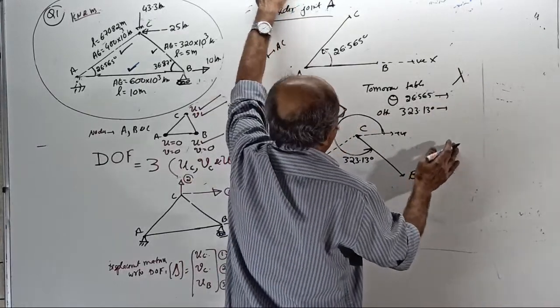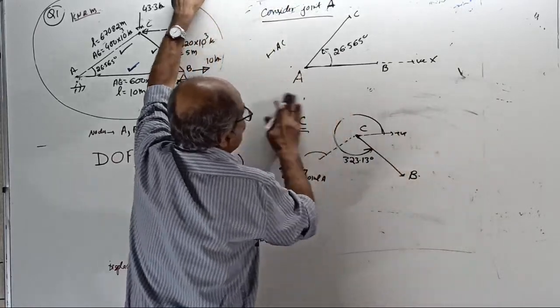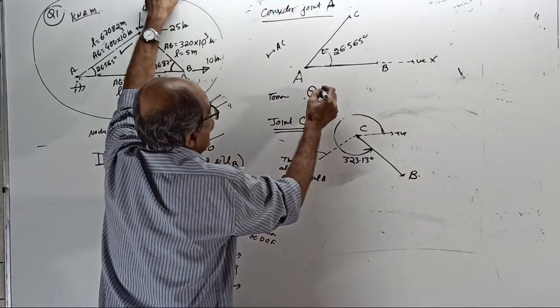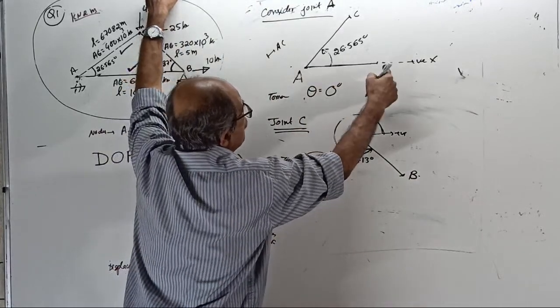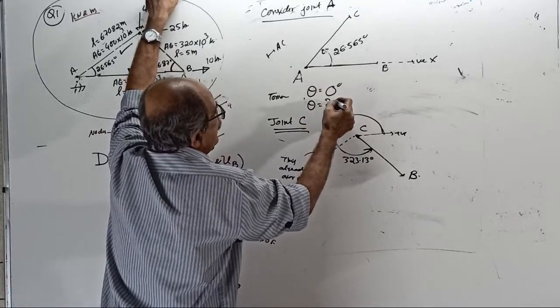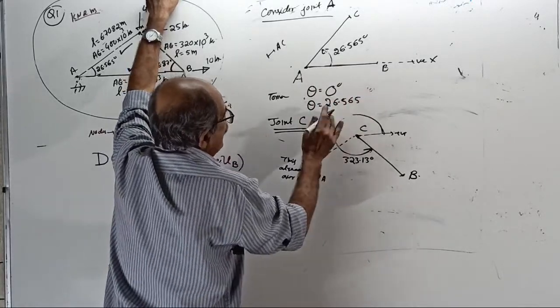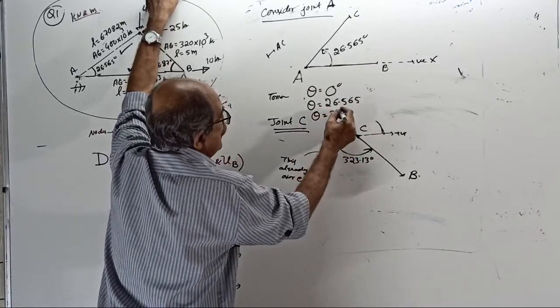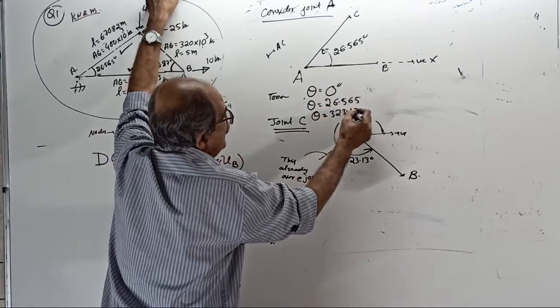Okay. So, see, tomorrow, one of the theta will be 0 degrees, for the AB member. The other theta will be 26.565 degrees. Another theta will come, 323.13 degrees.